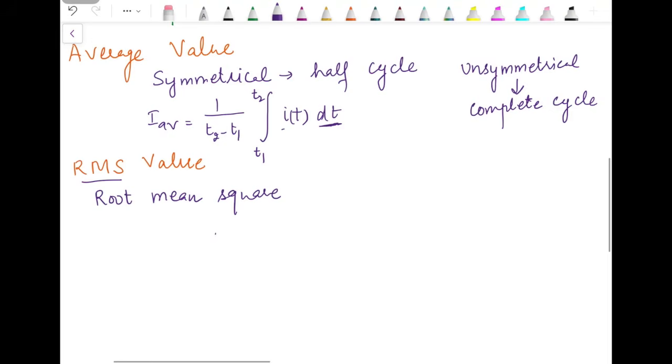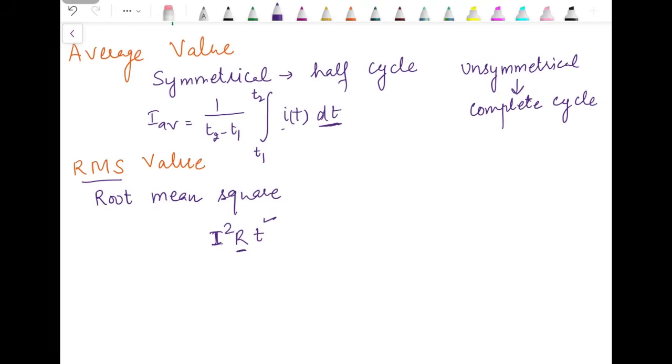So basically we calculate it from I square into T, the same amount of current equivalent to DC which will flow through the same resistance for the same amount of time.